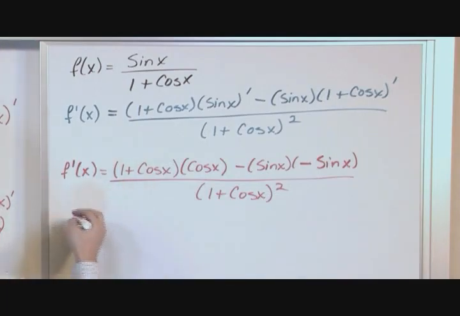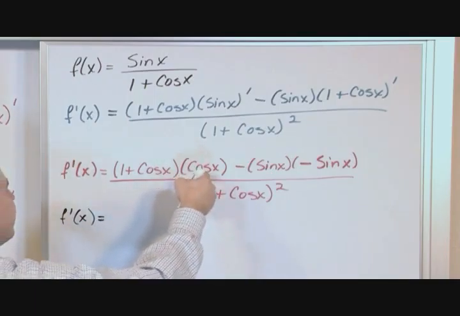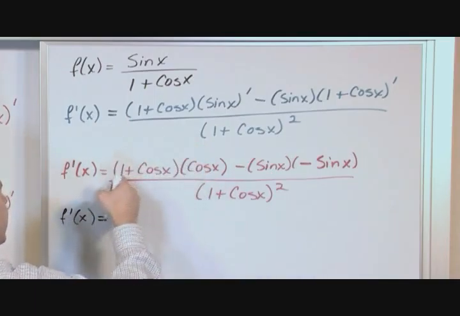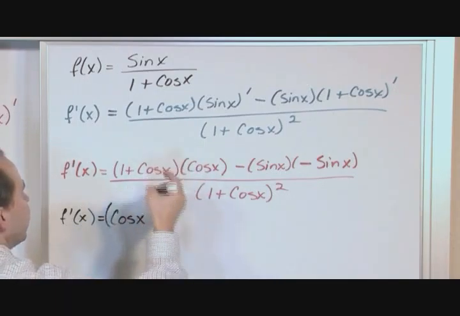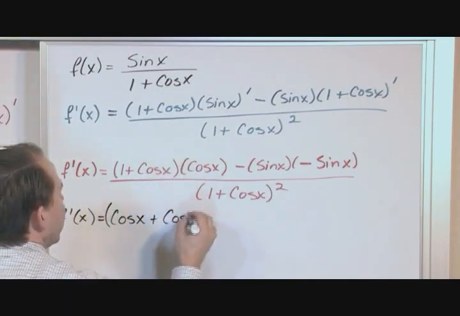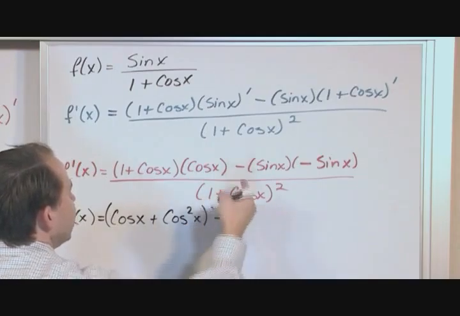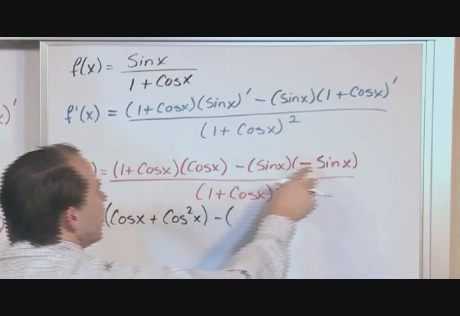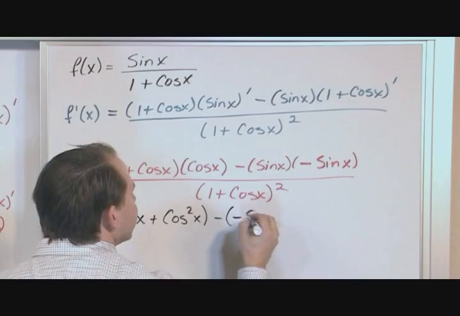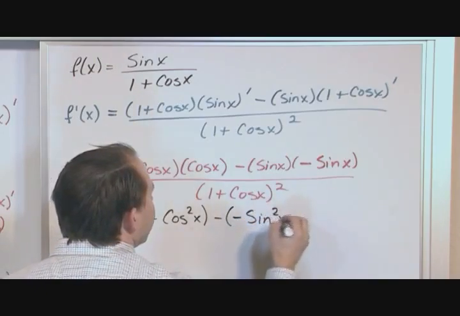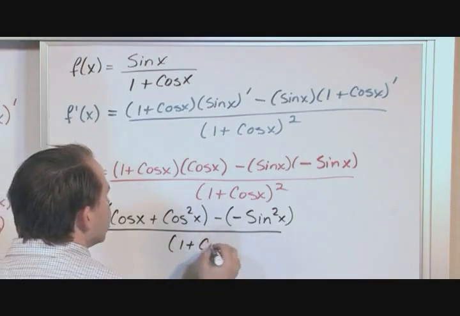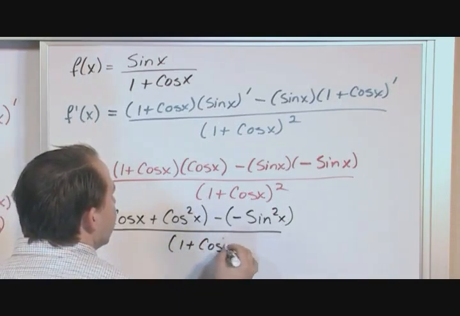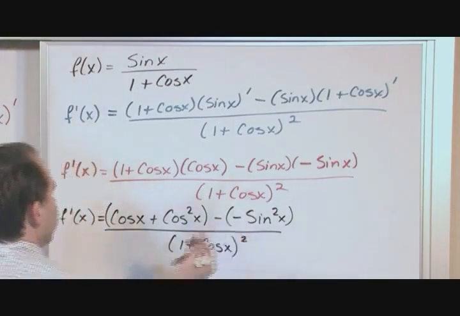All right, so now we have some pretty straightforward work to do. Let's distribute the cosine in. So this times this is going to give me cosine of x. This times this is going to give me cosine squared of x. Let's keep the negative on the outside for now, and let's work on this guy. We'll have negative sine squared x. And in the bottom, we'll just have the 1 plus cosine x squared.